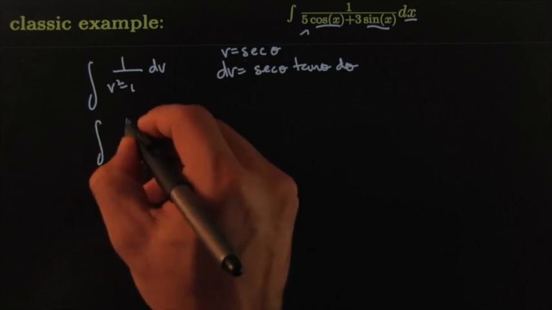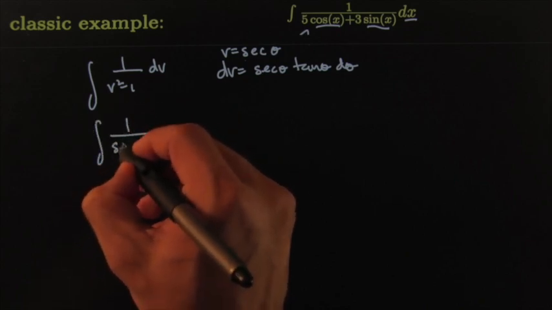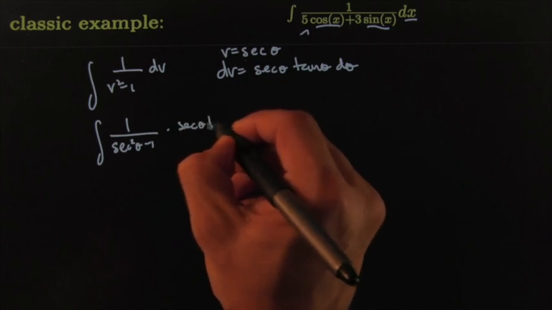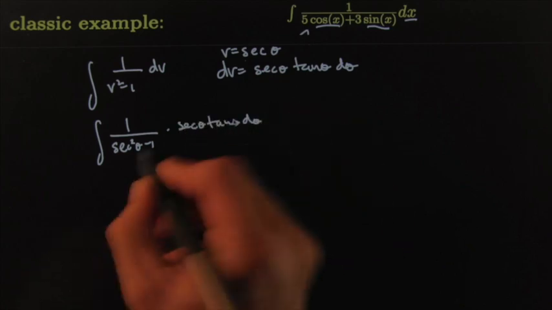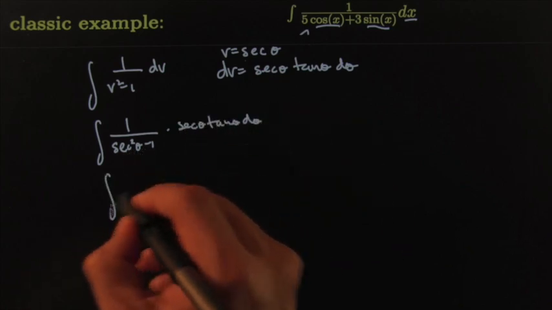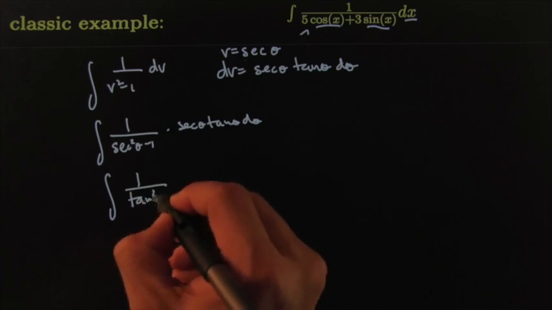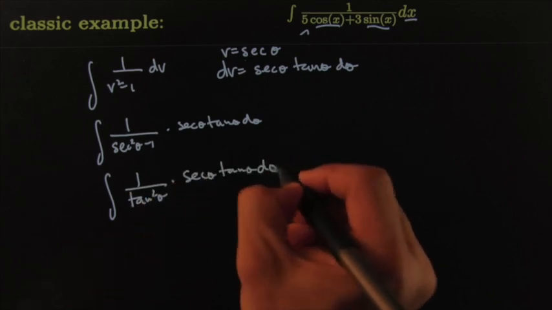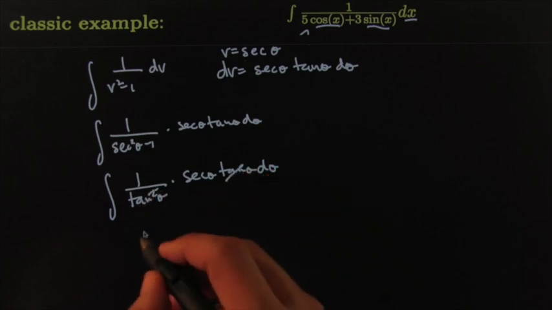Alright, this becomes the integral of 1 over secant squared theta minus 1, and dv becomes secant theta tangent theta d theta. The denominator becomes a tangent squared, so that becomes 1 over tangent squared theta times secant theta tangent theta d theta. You can cancel one tangent.